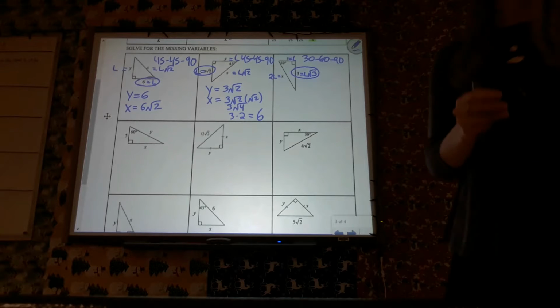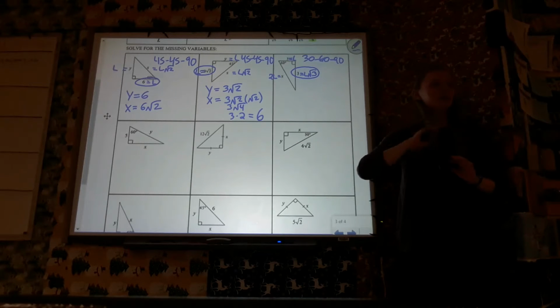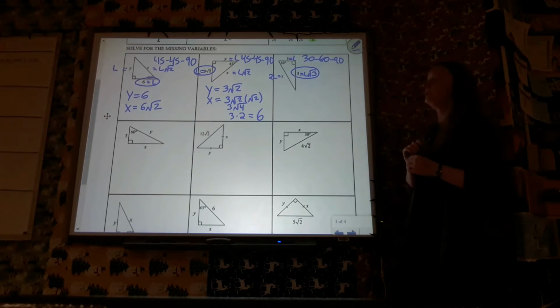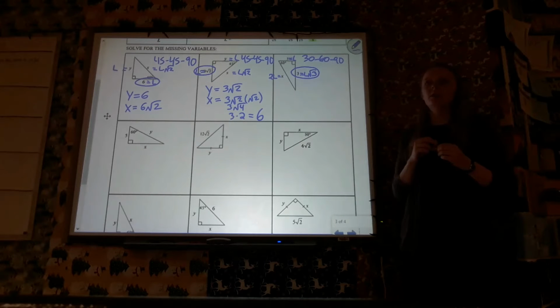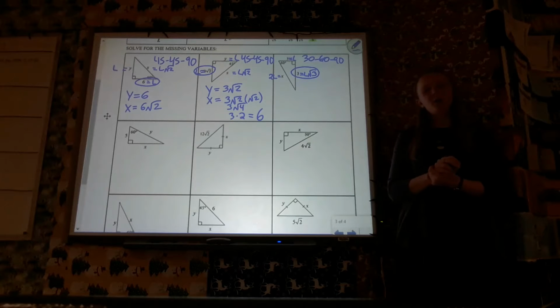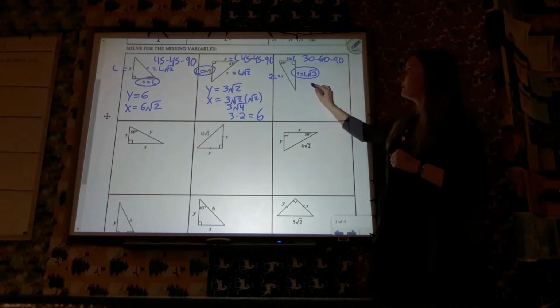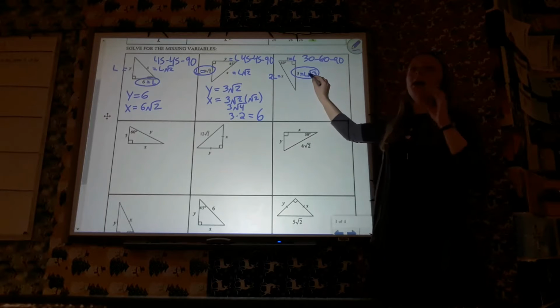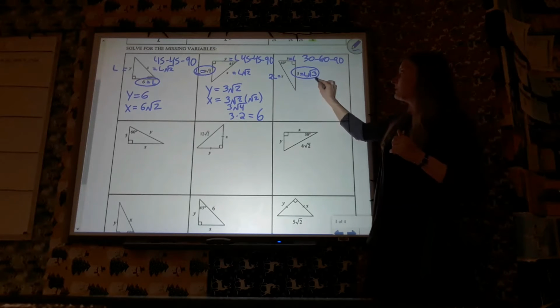Don't overthink it, guys. Divide by the square root of 3. I heard 3, I didn't get the square root of 3, but if you said that, yes. In order to get L by itself, you need to divide by the square root of 3.